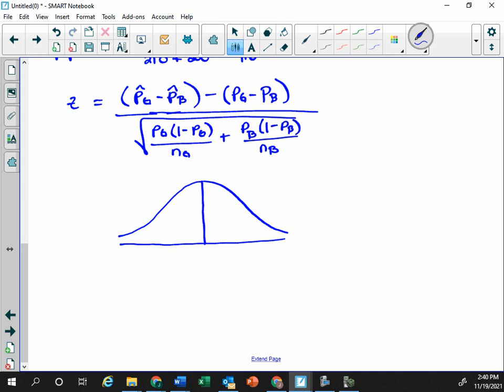What was our null, that the difference was what? It's centered at 0. And then the z-score was 0.3, something like that. So this would be negative 0.3, and here's 0.3, and we shade both.